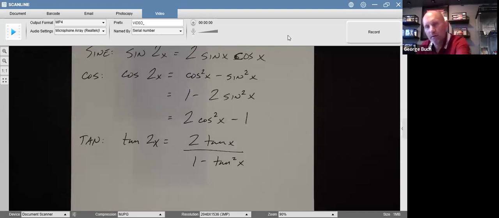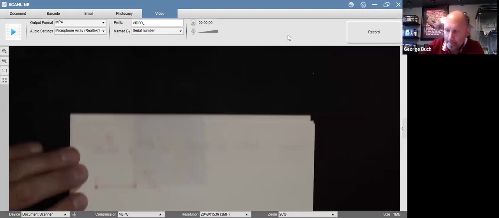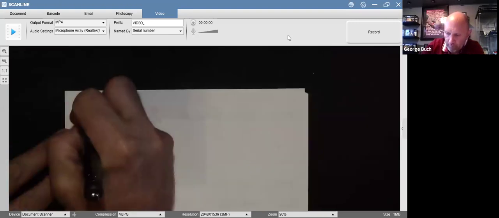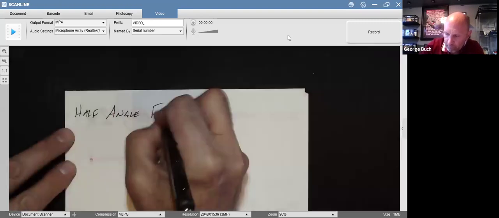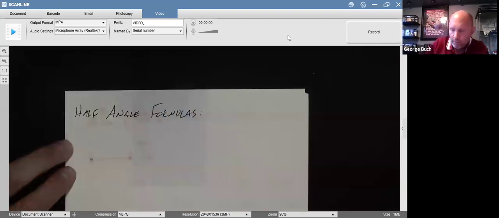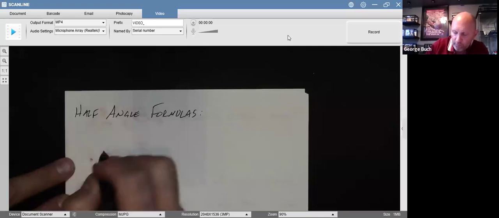Now, the tricky part, the half angle formulas. Let me write sine and cosine first.